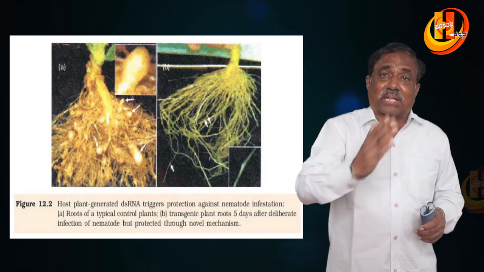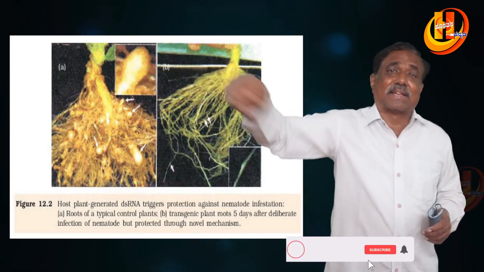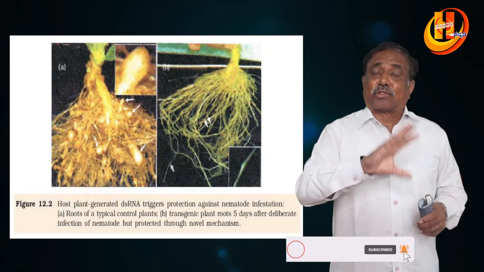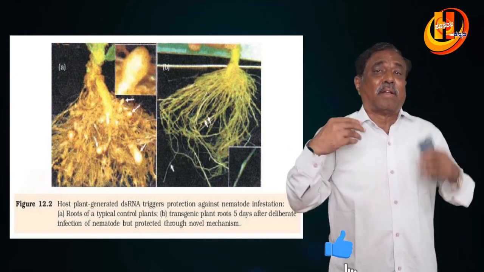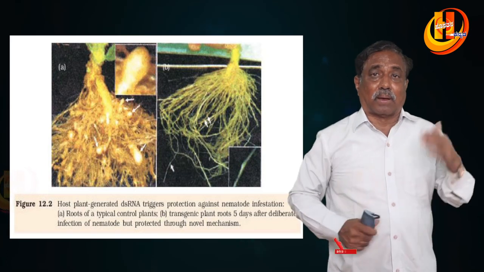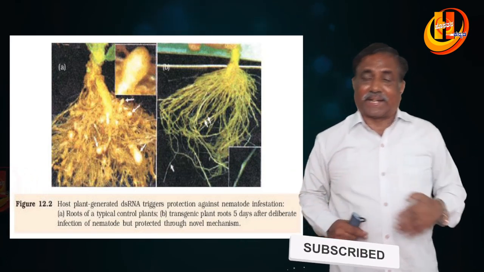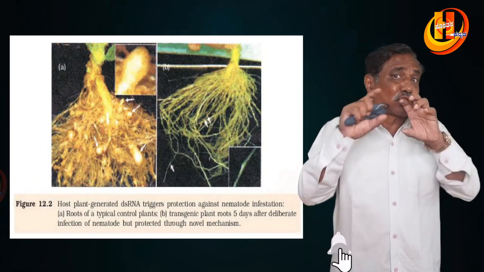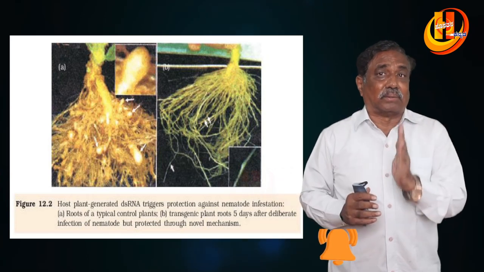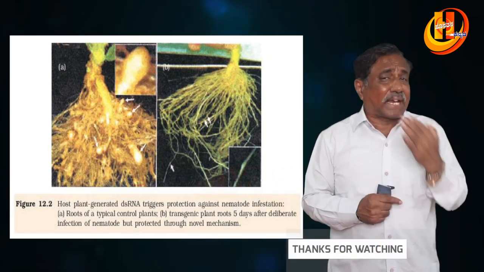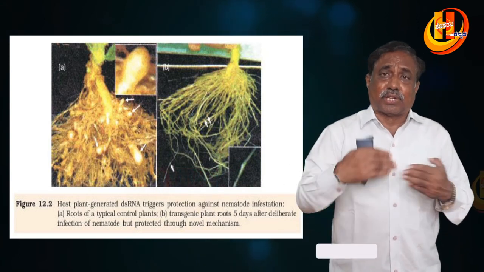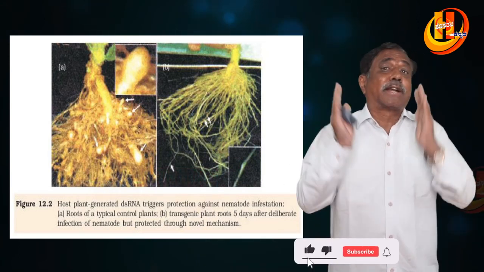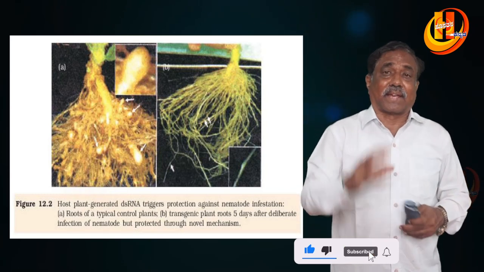They developed a double-stranded RNA which silences the mRNA so that it could not produce the enzymes required for the digestion of Meloidogyne incognita. The source can be obtained from the RNA genome, and mobile genes called transposons can be obtained from this.